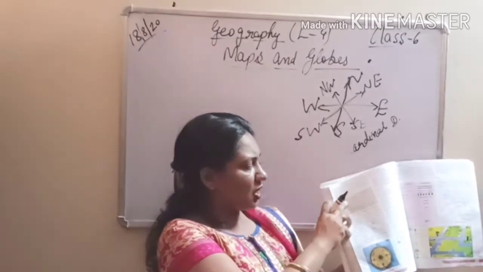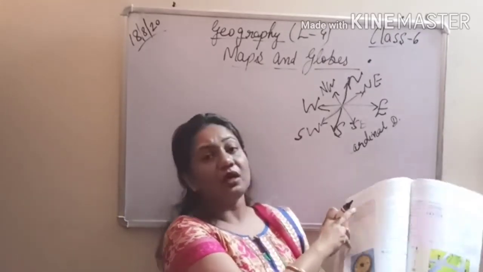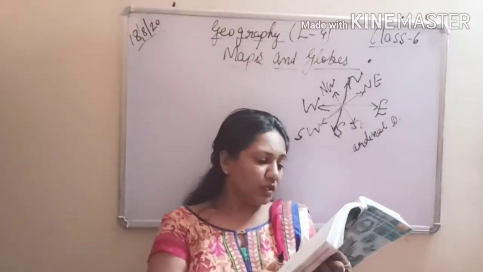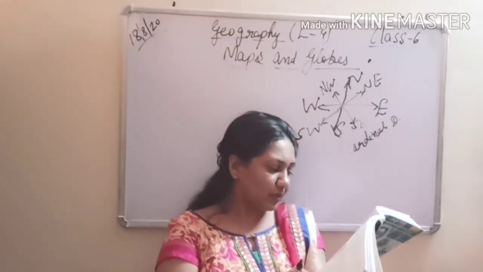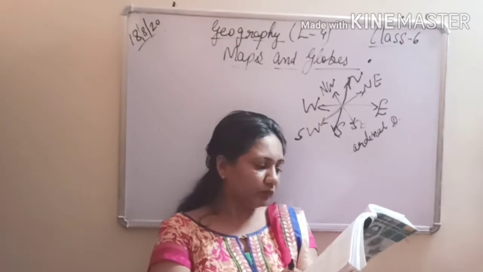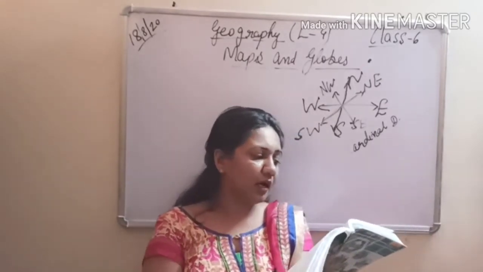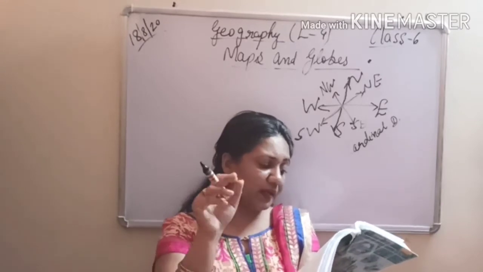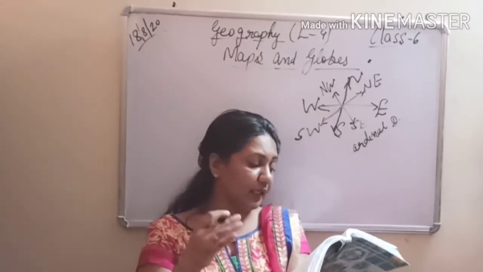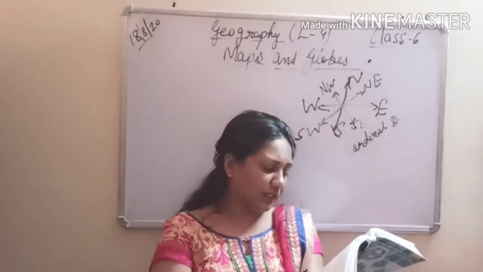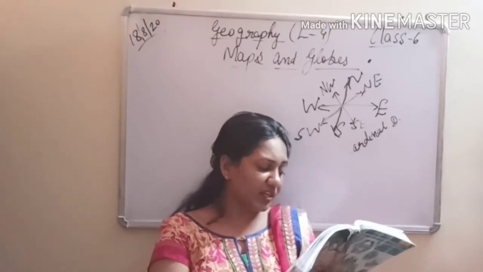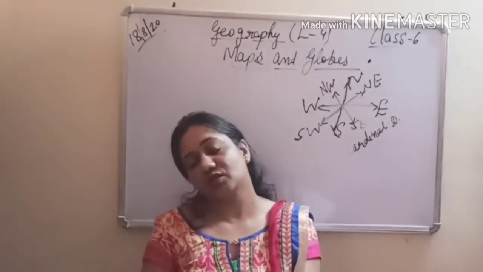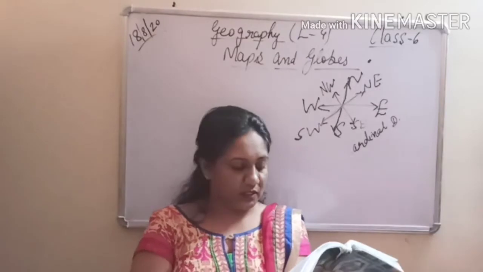This constellation keeps on revolving around the pole star. The two pointer stars of this constellation always point towards the pole star. The pole star tells the north direction, and thus the other directions could easily be calculated.